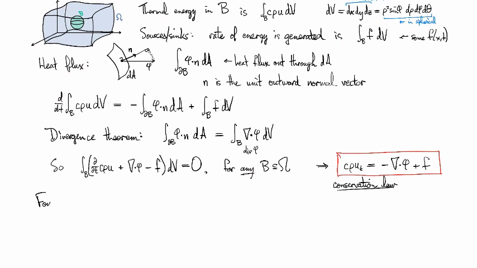And so for that we use Fourier's heat law. Fourier's heat law says that heat flows down the gradient, or phi equals minus k gradient u.